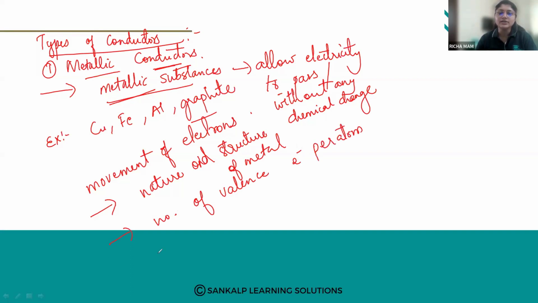And the third condition is temperature. As temperature increases, the conduction will decrease. So these are the three things on which metallic conductance depends.